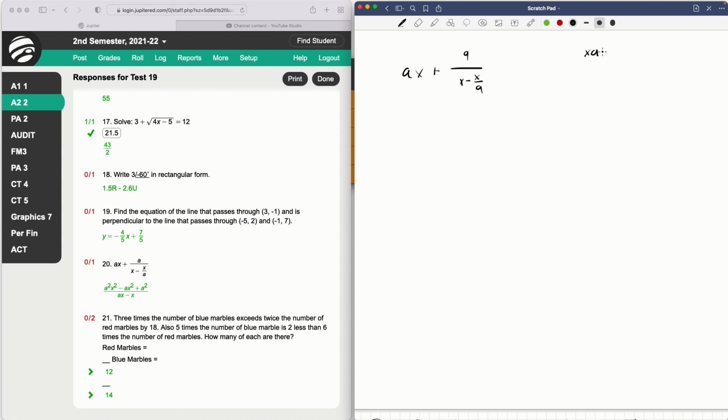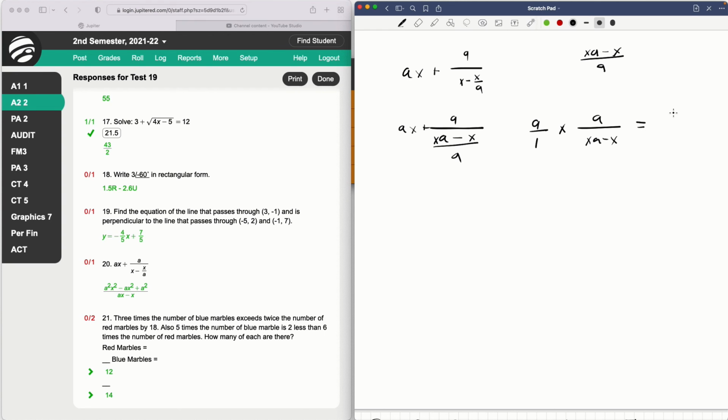There'll be ax plus a over xa minus x over a. Keep it, change it, flip it. So a over 1 divided by, we change that, and then we flip it to a over xa minus x. That's going to equal a squared over xa minus x.